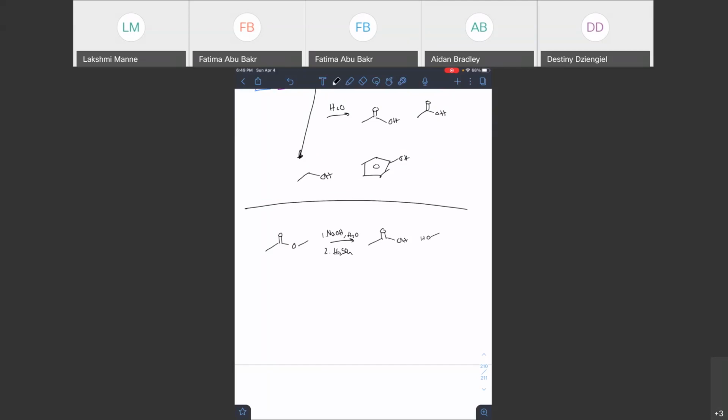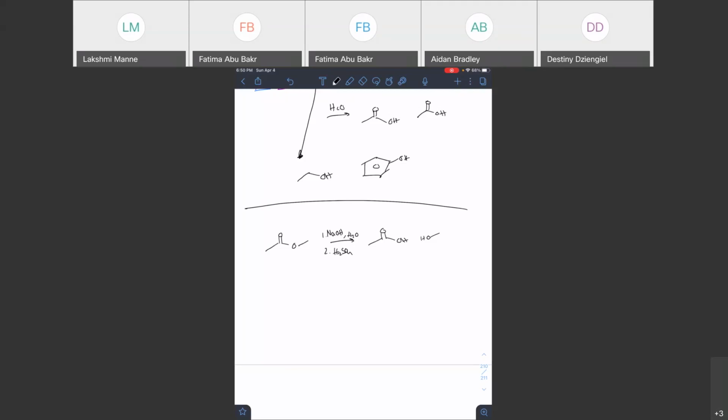You end up with the exact same thing, but you're just going to use, ooh, wait a second. That was an acid one. Interesting. Is this one base catalyzed or acid catalyzed?